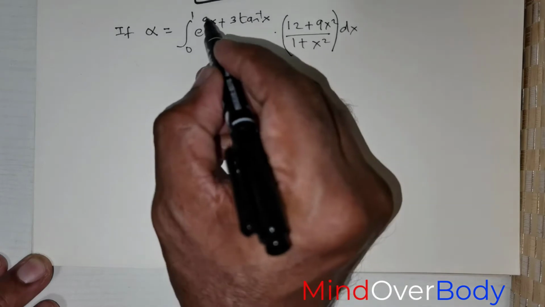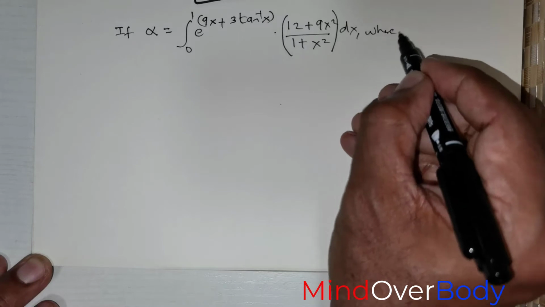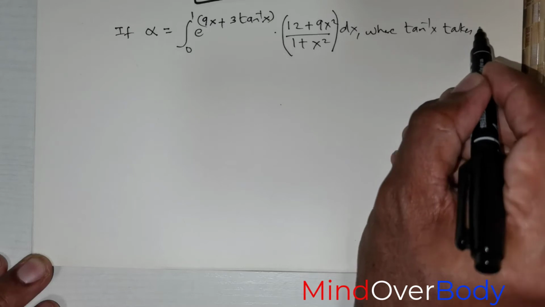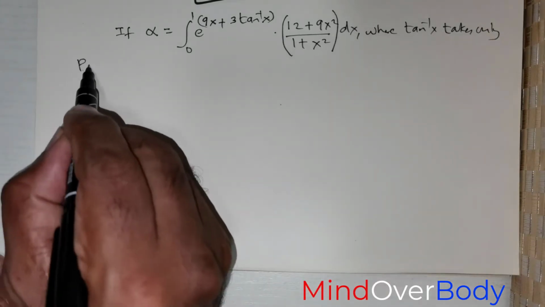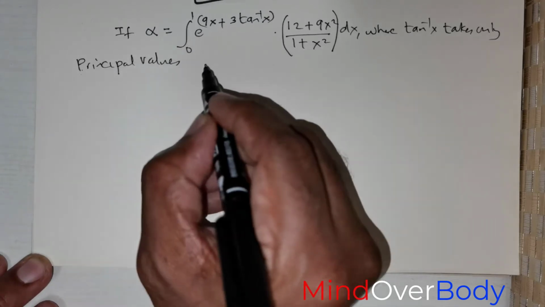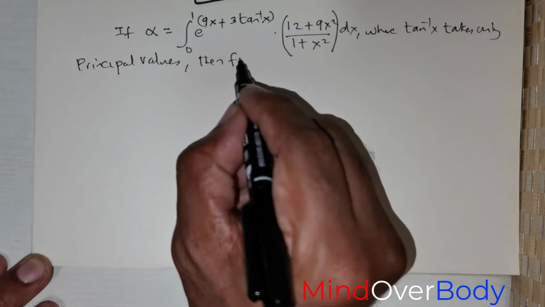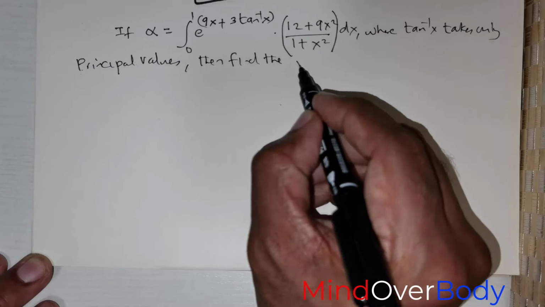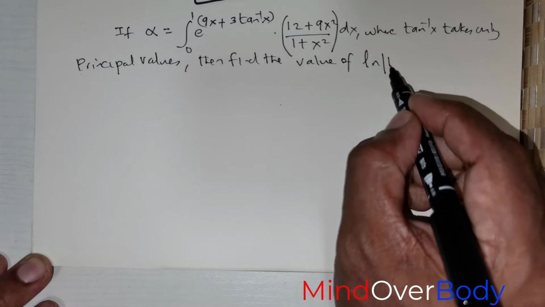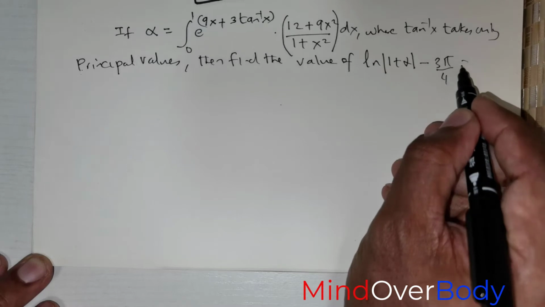So this is a quantity of this fashion, where tan inverse of x takes only principal values. Then we are expected to find the value of ln modulus 1 positive alpha negative 3 pi over 4.